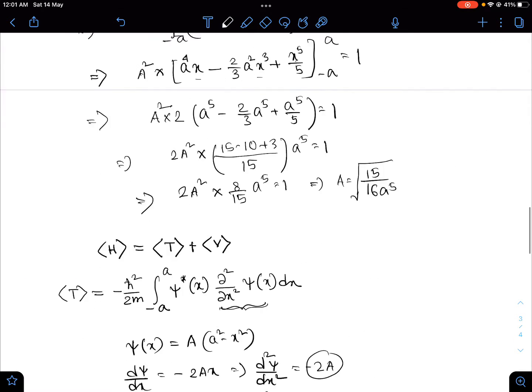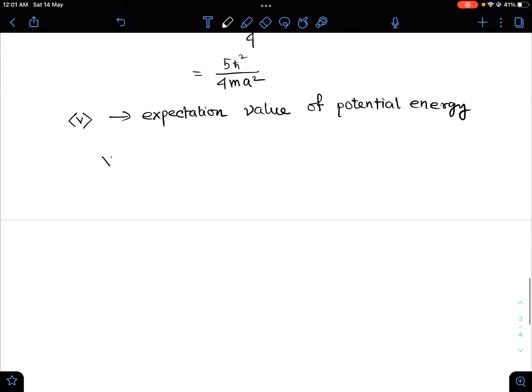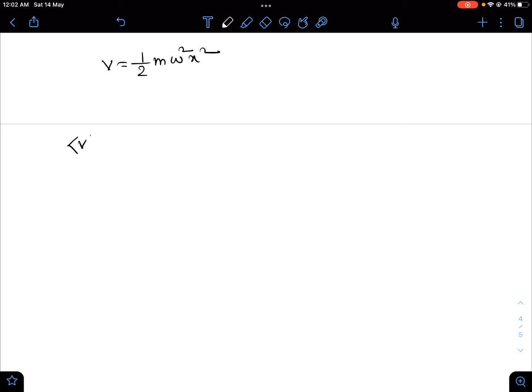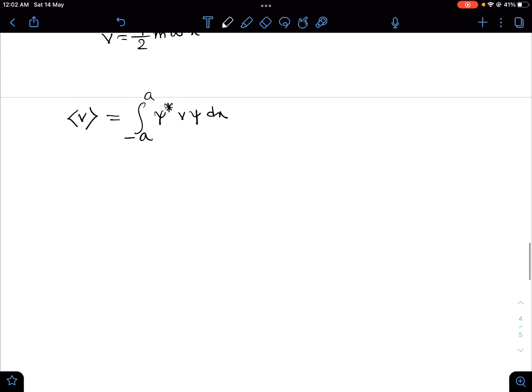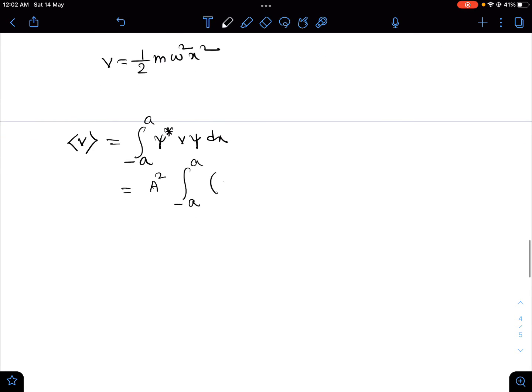So for a one-dimensional harmonic oscillator, we know that potential is given as half m ω² x². So the expectation value of V will be the integral from minus a to a of psi star V psi dx, and we have our term a², it will be minus a to a. We have our psi star psi to be (a² minus x²) whole squared, and V is half m ω² x².